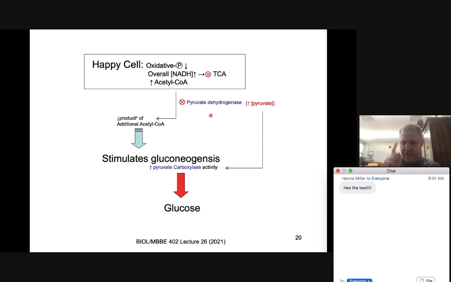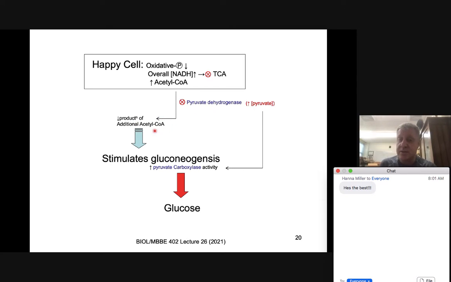So from this little picture, we can see the important play of substrates, such as NADH, acetyl-CoA, and pyruvate playing a role with the pyruvate dehydrogenase complex, and also the pyruvate concentrations changing at the expense of the acetyl-CoA, because we're not feeding pyruvate into the TCA cycle anymore through the pyruvate dehydrogenase complex.